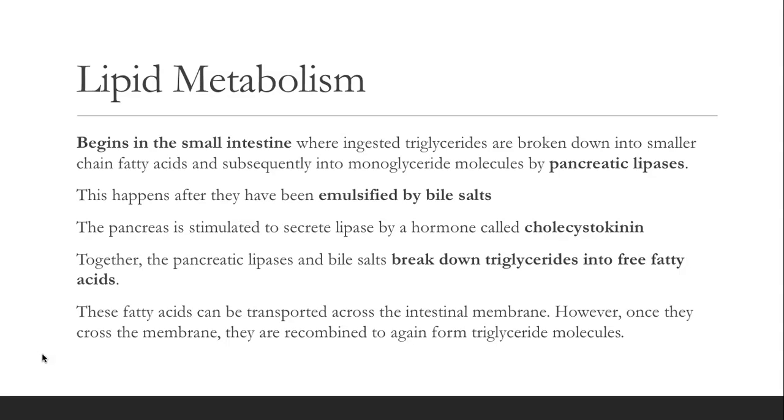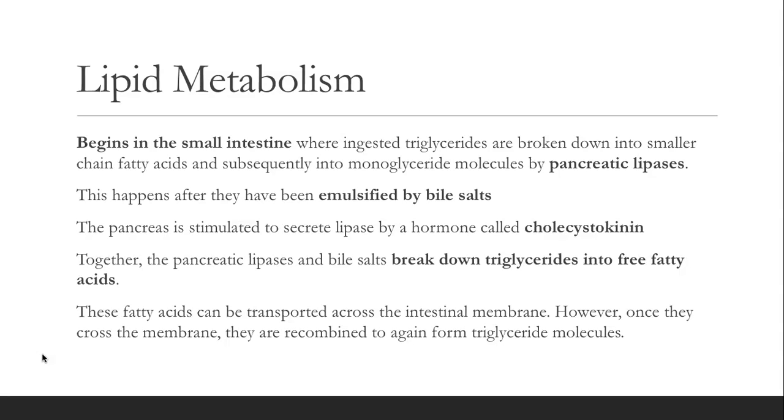And that happens after they've been emulsified by bile salts. Because remember, these fats will stick together in aqueous environments because they're very hydrophobic. And so bile needs to emulsify them so they don't stick together and that they can move through the aqueous environment. The pancreas is stimulated to secrete lipase by a hormone called cholecystokinin.